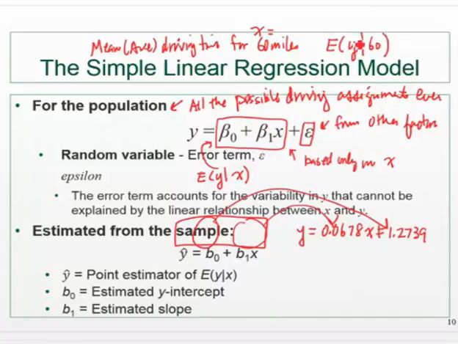So it's the average of the y value given you are driving for 60 miles. Okay, so that's basically your average.